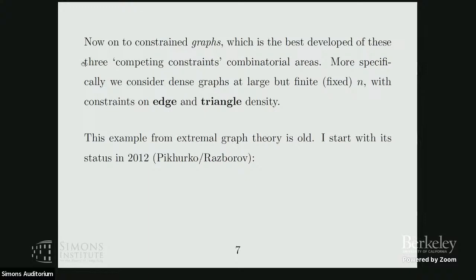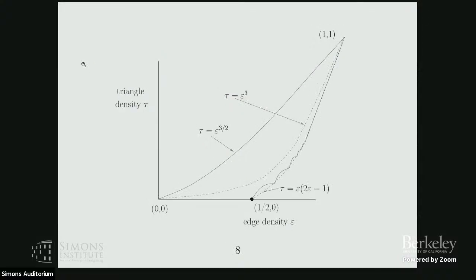I'm going to start off my discussion with a picture of the status of the extremal theory in 2012, a paper by Pikhurko and Razborov. This is a distorted picture. The dark outline is a distorted picture of the accessible region of those two densities, the edge density and the triangle density. It's distorted to be able to show you some things.